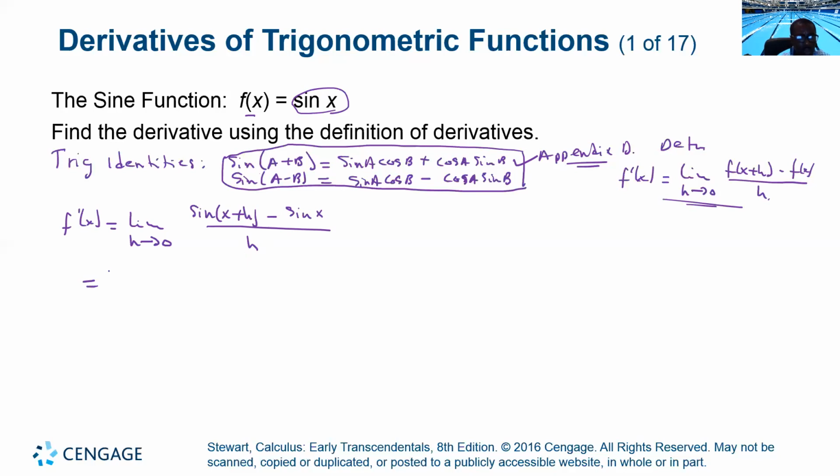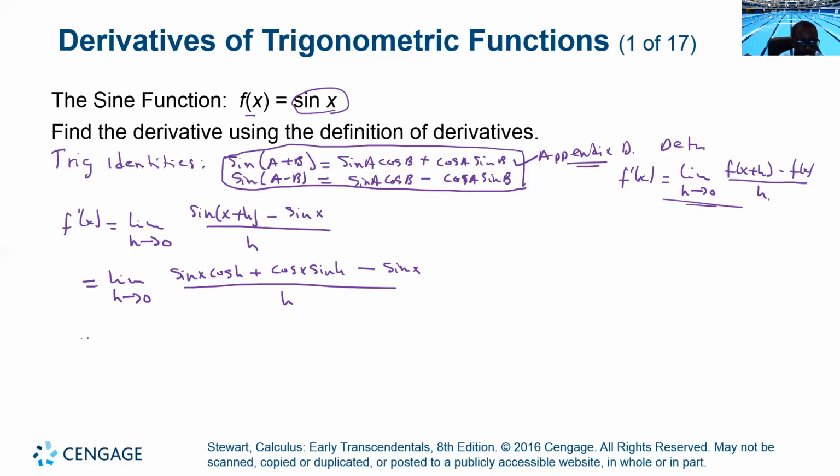So this is equal to the limit as h goes towards 0 of sine x cosine h plus cosine x sine h, then minus sine x, all divided by h. Now notice that sine x and cosine x don't depend on h, so we can consider them as constants and pull them out.